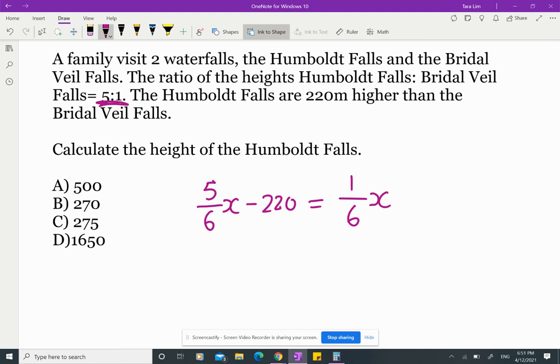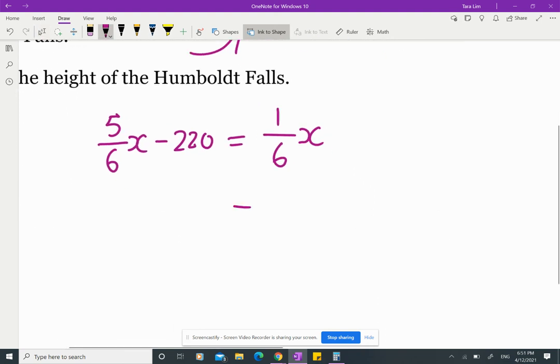Now, why are we doing this? Because it says Humboldt Falls are 220 meters higher than Bridal Veil Falls. So higher than means if we subtract from Humboldt Falls, then it is going to be equal to the Bridal Veil Falls.